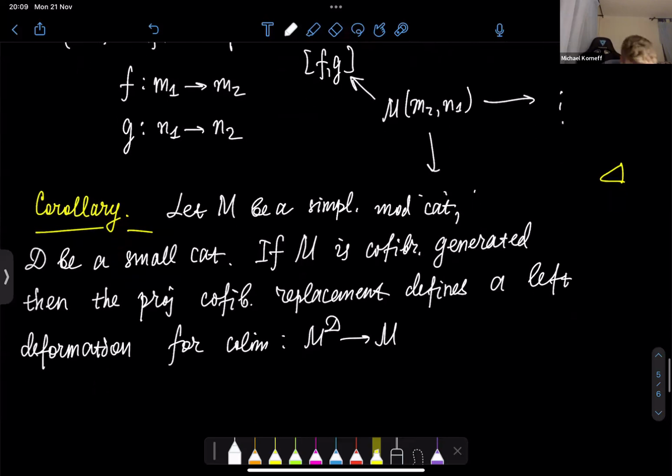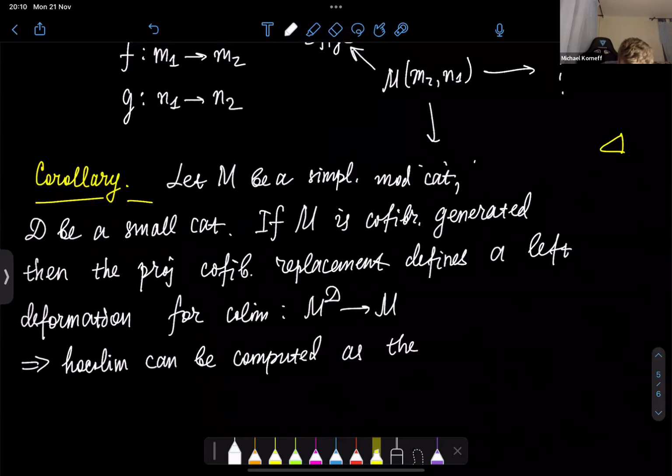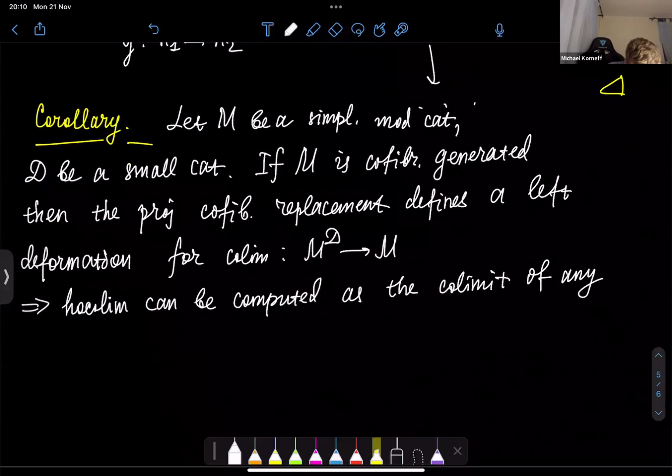So the homotopy colimit can be computed as the colimit of any projective cofibrant replacement.